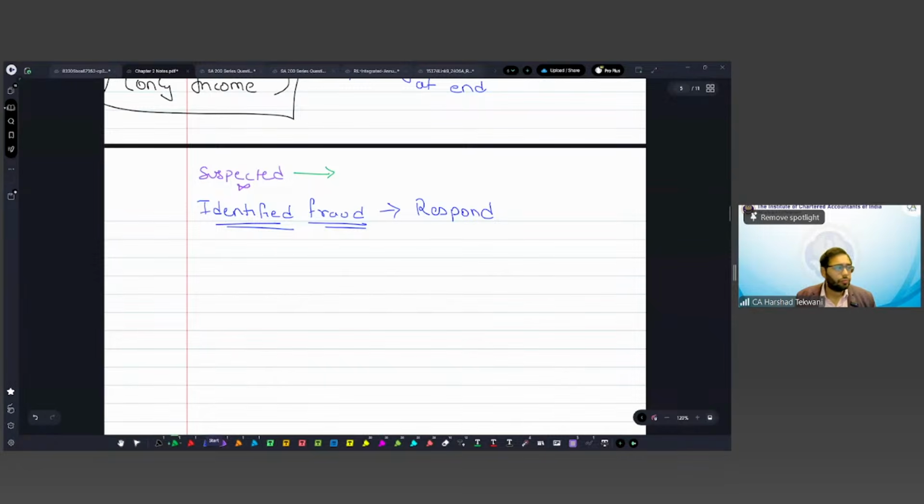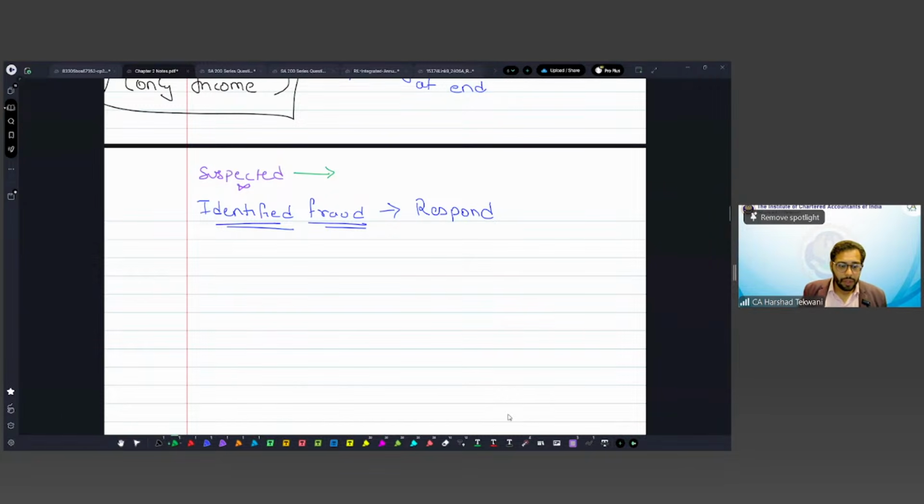Why am I using this word suspected over here? We have discussed this point. Anyone? So for your reference, I am adding one particular point over here.